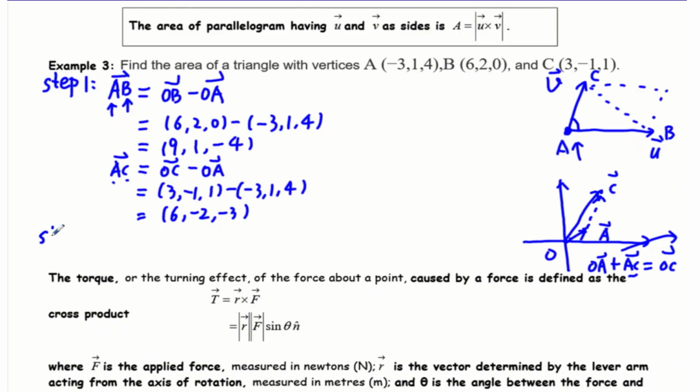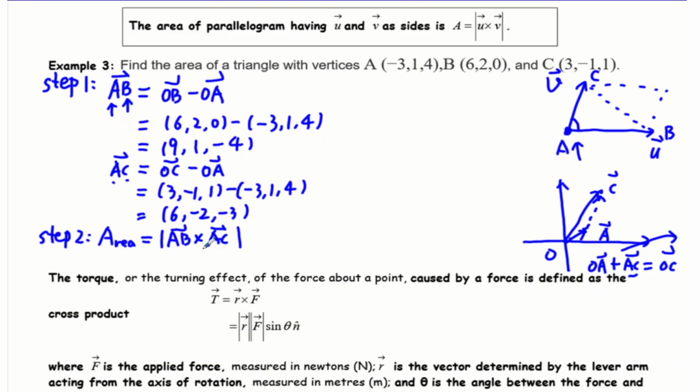Then step 2, we just need to use the definition for the area, which equals the magnitude of these two vectors' cross product. If we put the magnitude there, it doesn't matter the order.